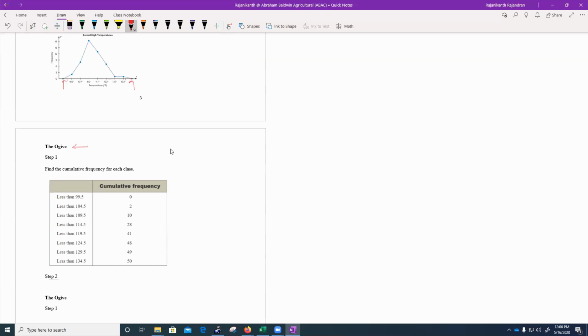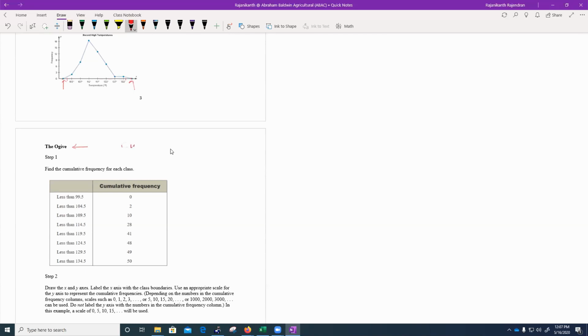So I'm using the previous table we had, that is my cumulative frequency table. I'm using this table to draw the ogive. So remember, to draw an ogive, we need to have a cumulative frequency table.